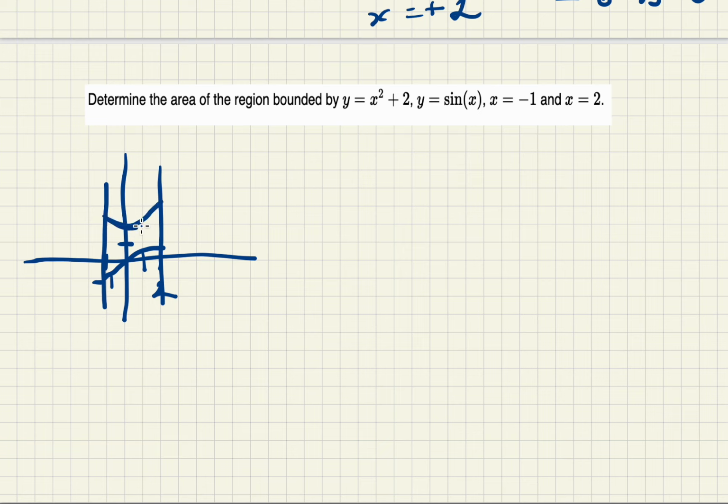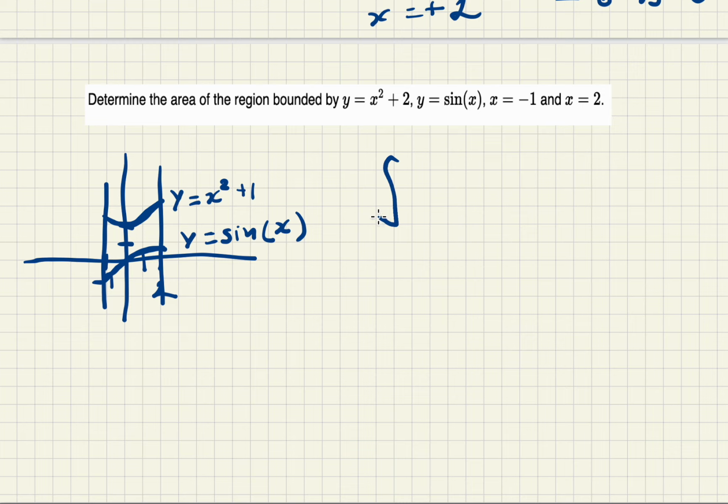The function on top is y equals x squared plus 2, and the function on the bottom is y equals sine of x. For these advanced types of functions, we should probably use a graphing calculator or a website to graph these equations for us.